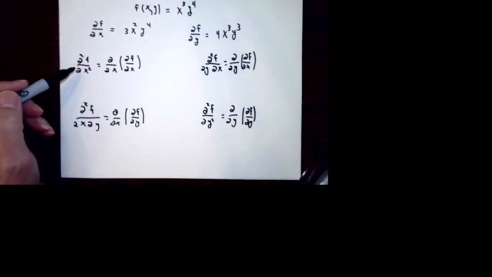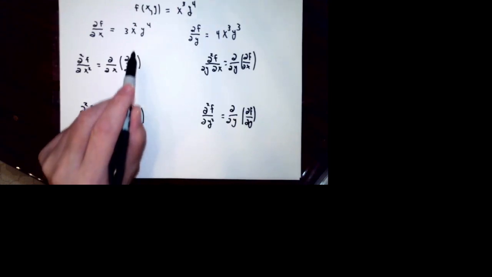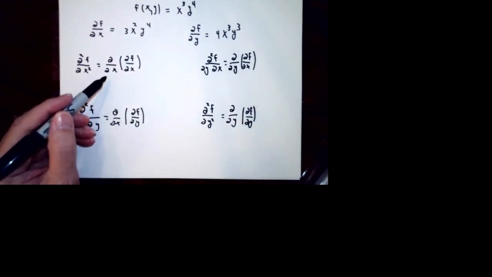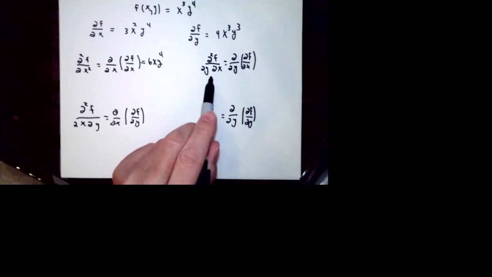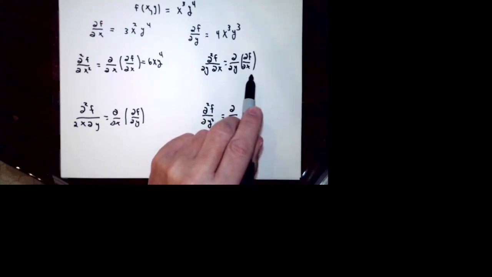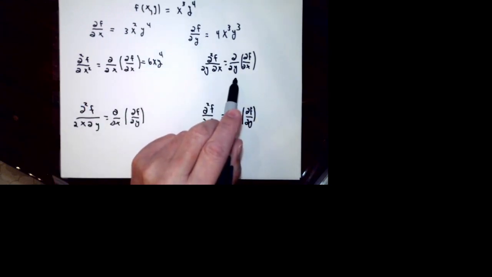To get the second partial derivative of f with respect to x, I'm going to look at the partial derivative of f with respect to x, that is to say, 3x squared y to the 4th, and differentiate it, thinking of x as being the variable. To get the second partial of f first with respect to x and second with respect to y, I'm going to differentiate partial of f with respect to x, this same function, except this time I'm going to think of y as being the variable and x as being a constant.